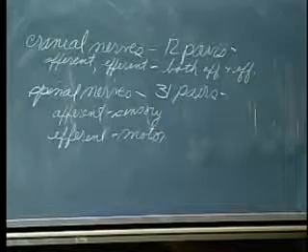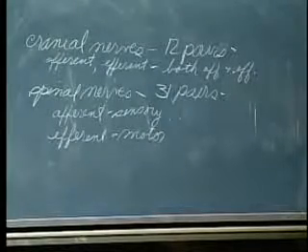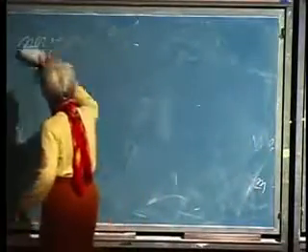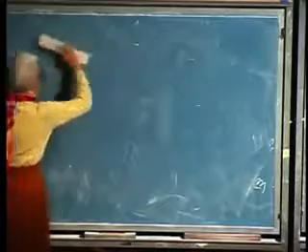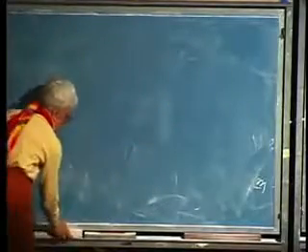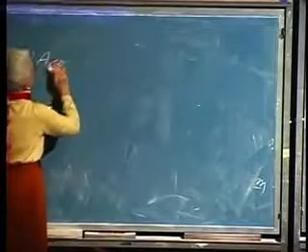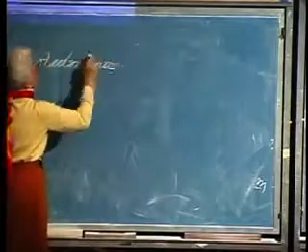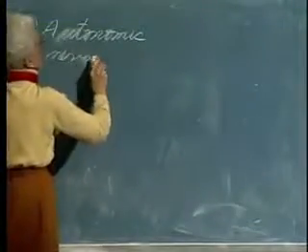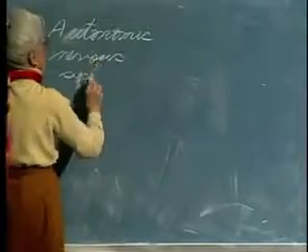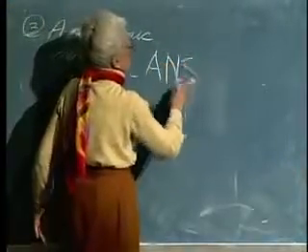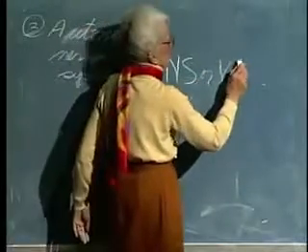And then the third division is our autonomic nervous system, the ANS, or also called visceral nervous system.